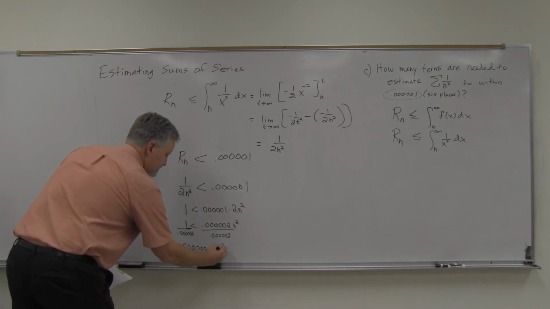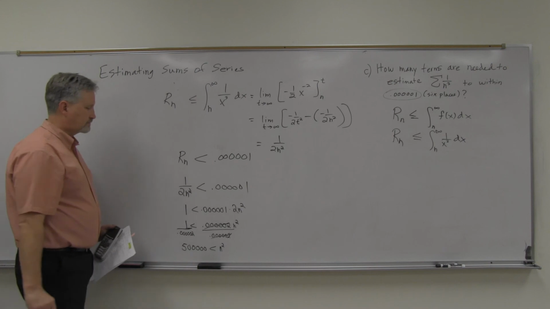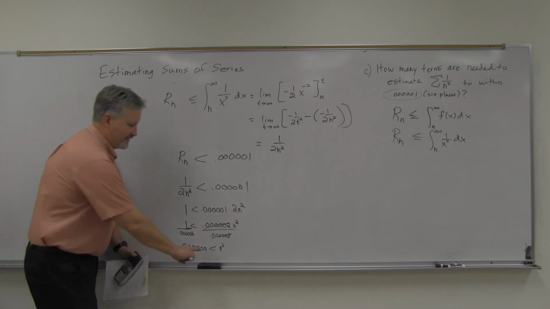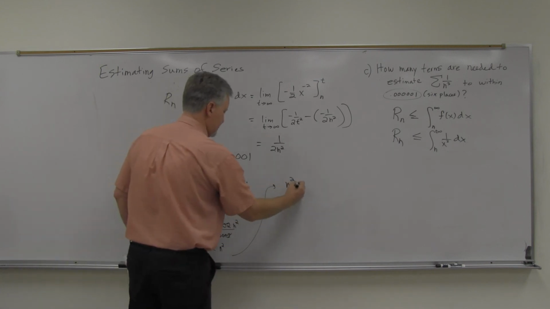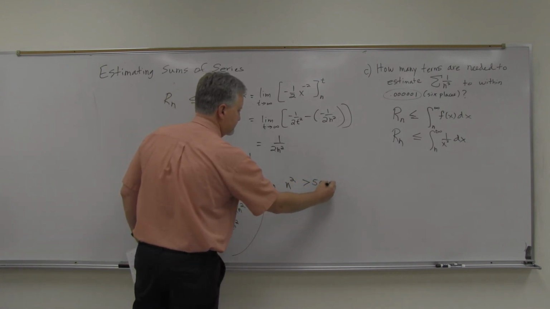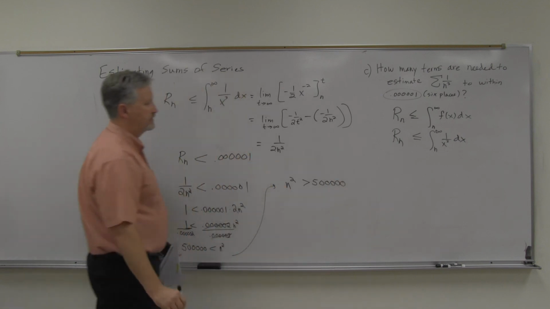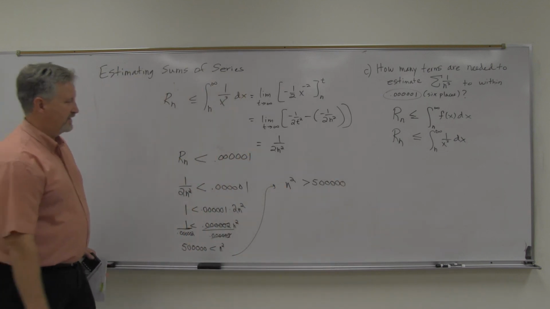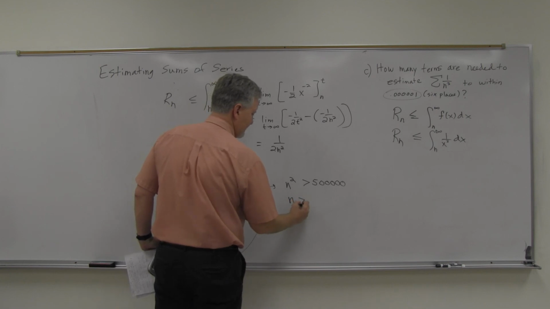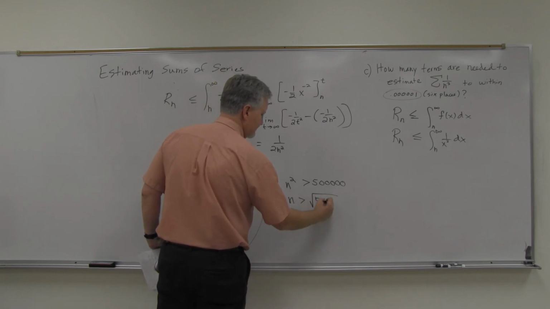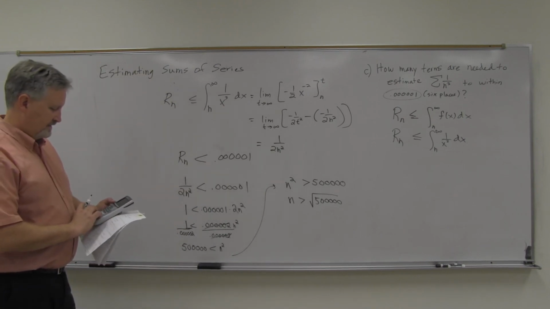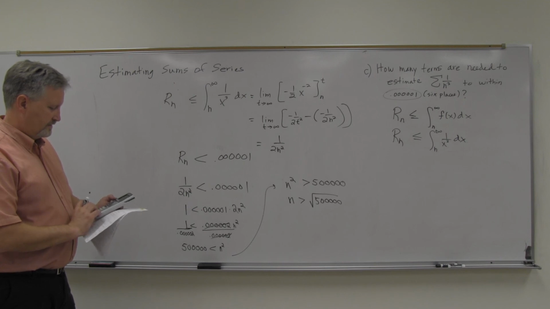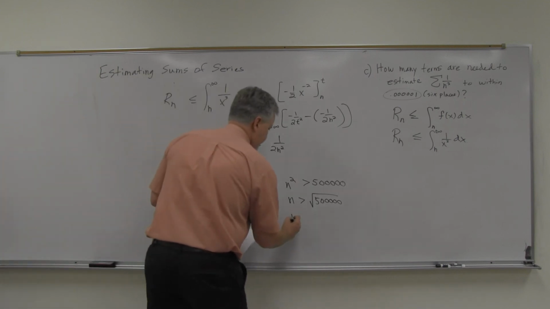So that'd be n squared. Well, as you know, 500,000 less than n squared means n squared is greater than 500,000. Which, what does that make n? Greater than the square root of 500,000? Just 707.1.